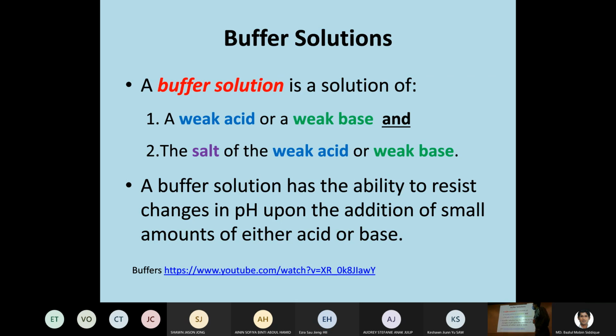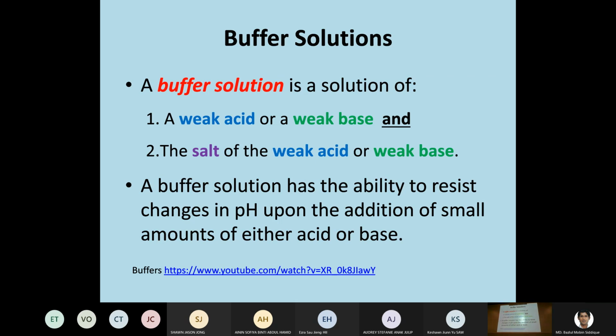All right, so a buffer solution. What is a buffer solution? What do we understand about the buffer? Did we try the buffer solution last lab? We tried the buffer last lab, right?